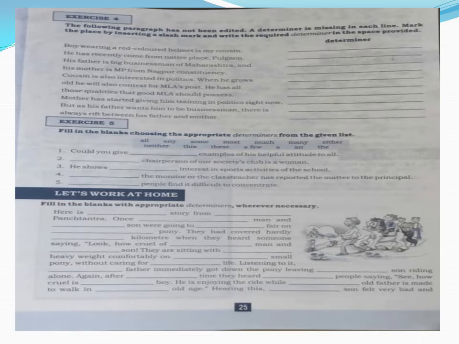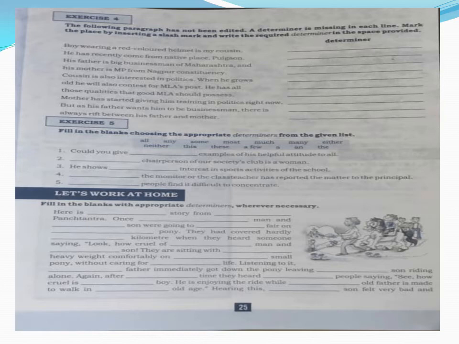Okay, so here all the sentences are not edited. उसमें एक error है. Error है means वहाँ पे एक determiner missing है. ठीक है, वहाँ पे determiner नहीं है तो हमें वो determiner ढूंढना है कि which determiner we can use. So वो error हमें find करके all the sentences we have to make correct.